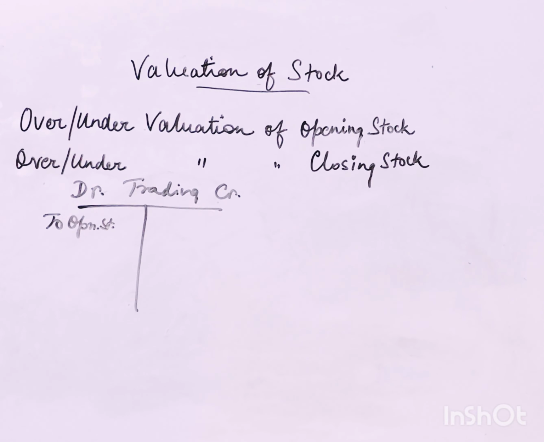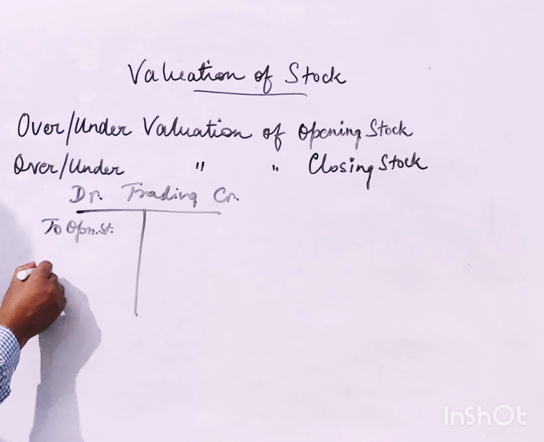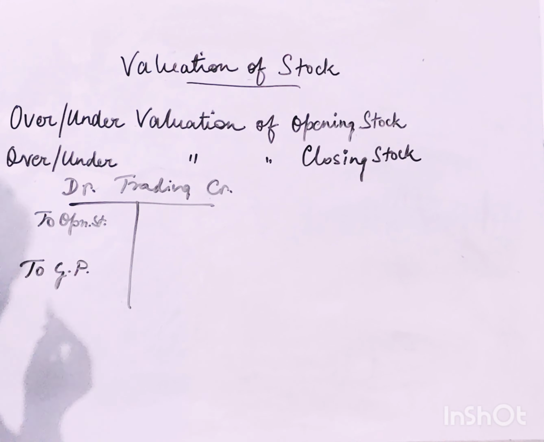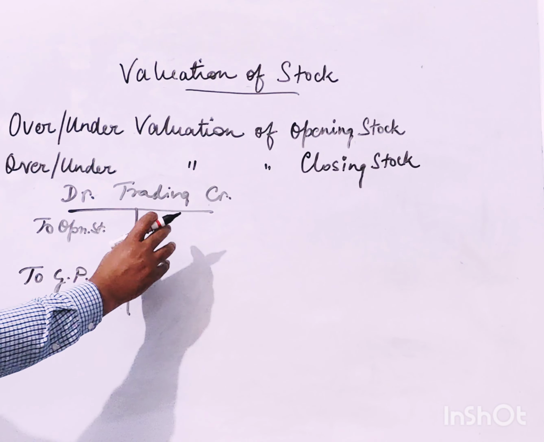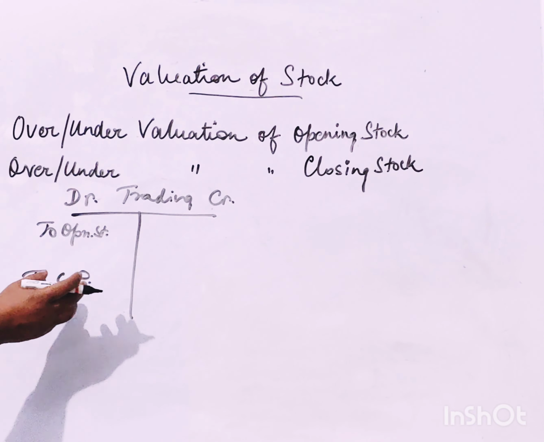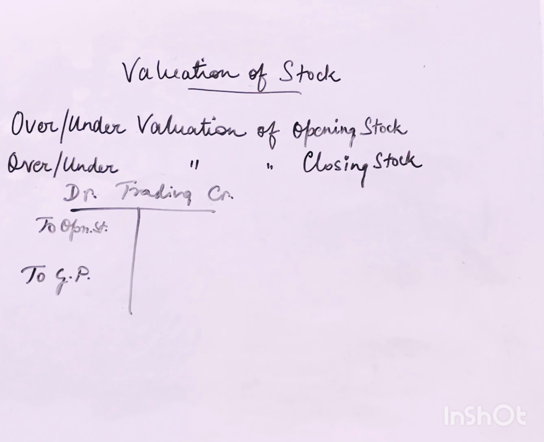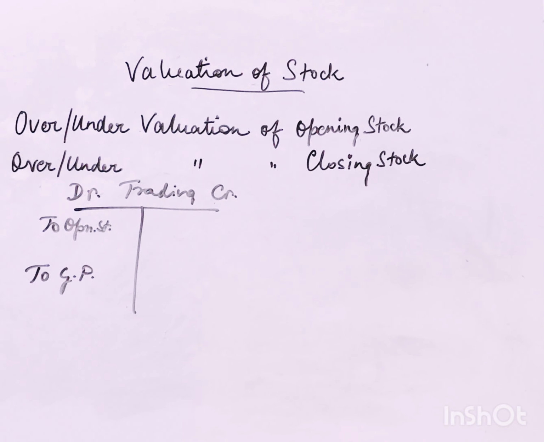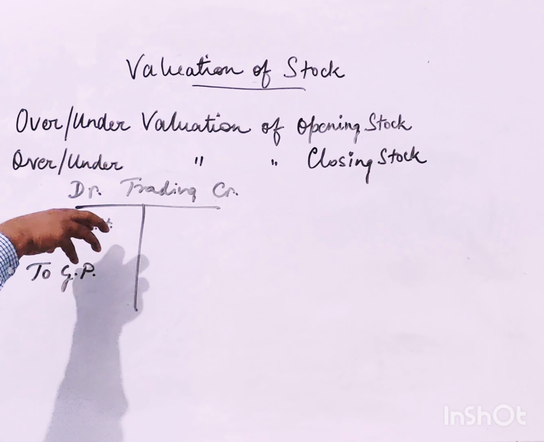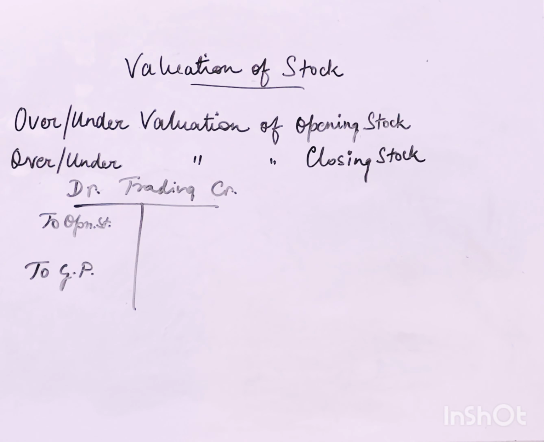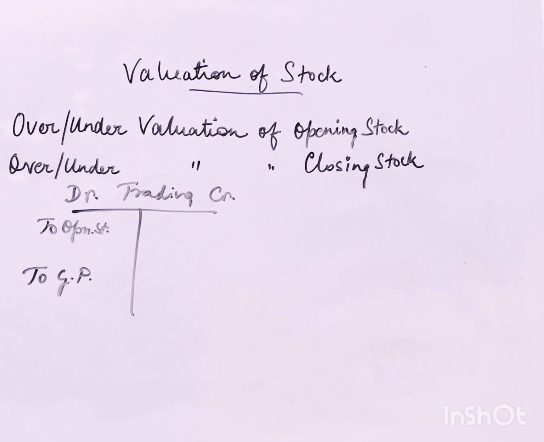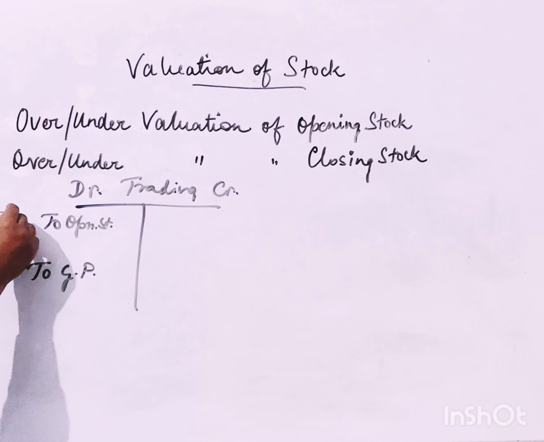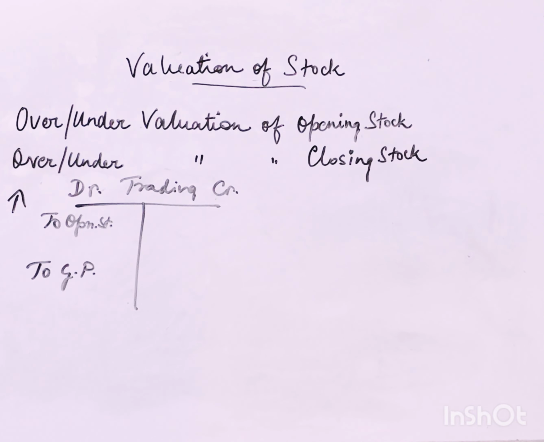Students, you know that gross profit is the balance of credit side minus debit side of the trading account. So whatever is posted on the debit side will lead to decreased gross profit, because it is credit side minus debit side. Suppose there is an overvaluation of opening stock.